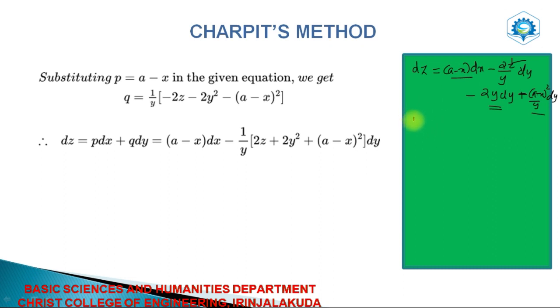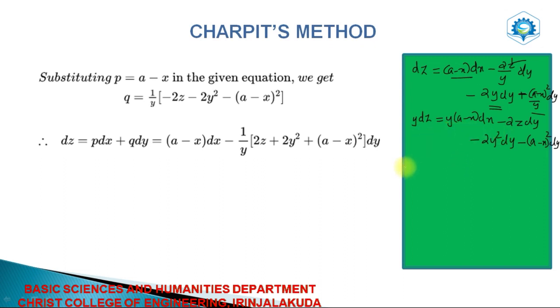What we get is y dz equal to y into a minus x dx minus 2z dy minus 2y square dy minus a minus x all square dy. Now we group these terms together.